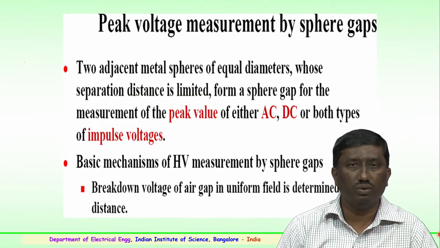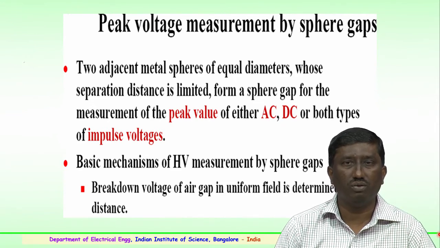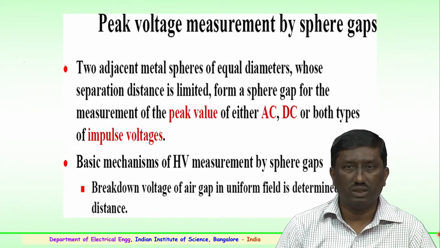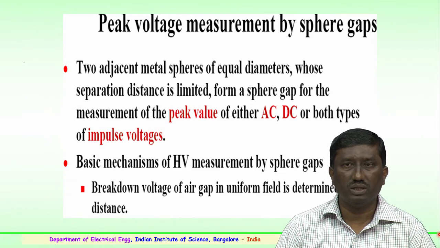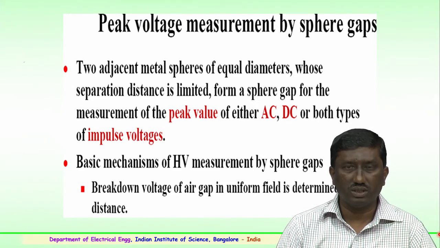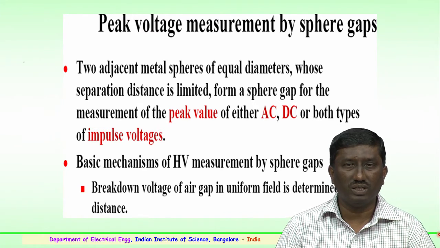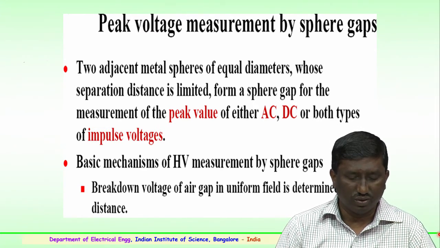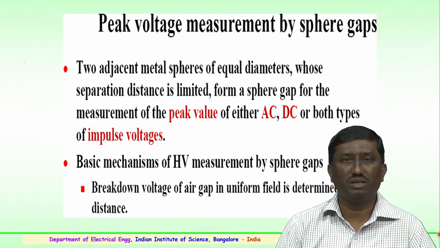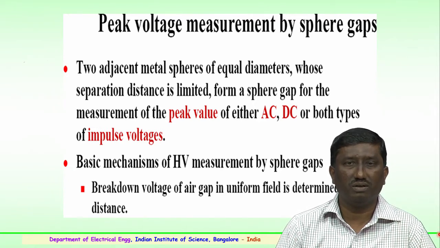First we will look into the importance of the sphere gap arrangement and how the peak voltage is measured with it. This was one of the important methods used since high voltages were known, and it is the simplest method that can be used in the laboratory.